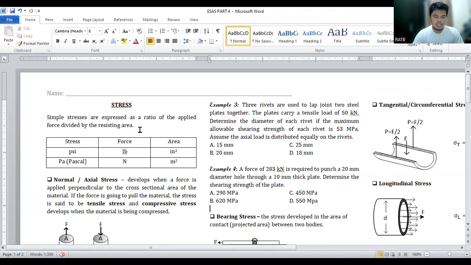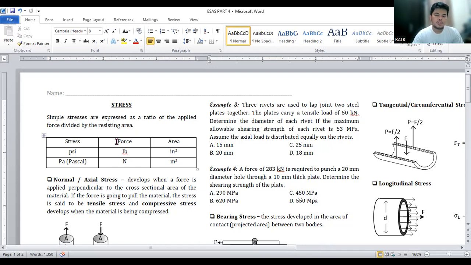For rigid bodies, we often use the term stress, but for fluids, we also use the term pressure. Both stress and pressure can be expressed as a unit force over the resisting area.